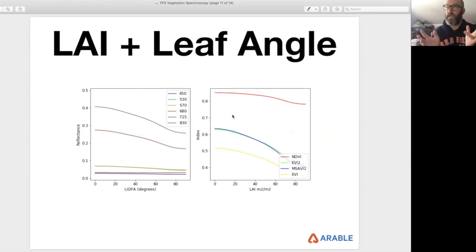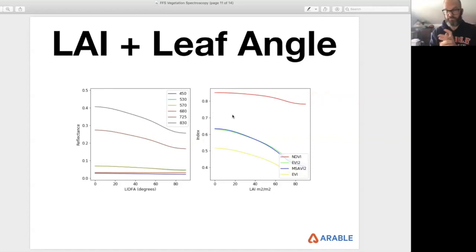The issue is that some of those plants, like a wheat plant or a corn plant, the leaves are fairly erect, which is called erectophile. And then if you take, I don't know, sunflower, soybeans, they're kind of flattish, which is called planophile.